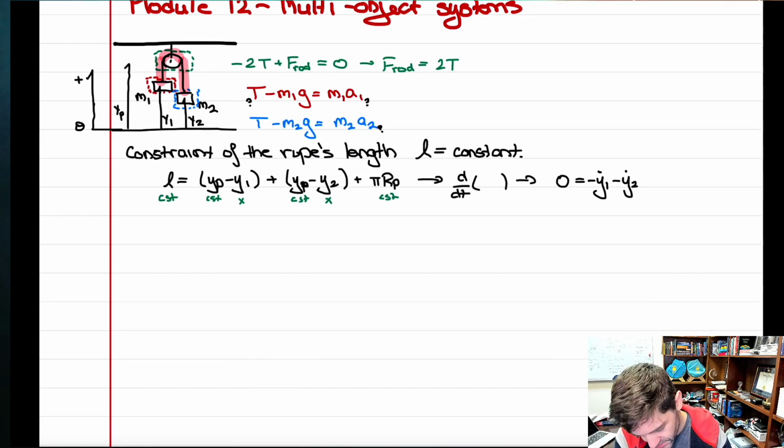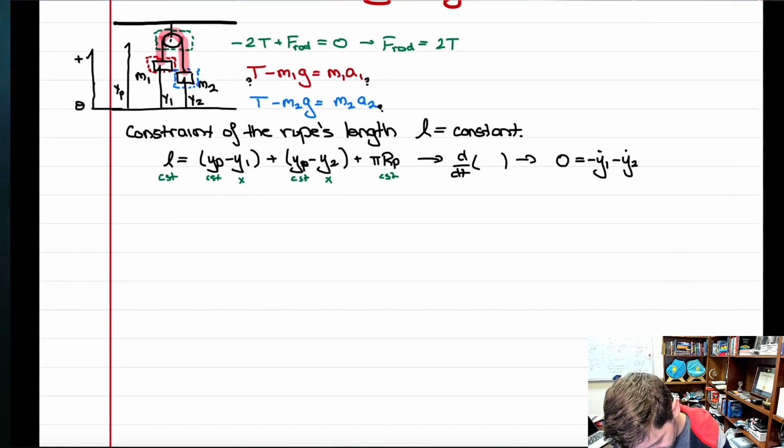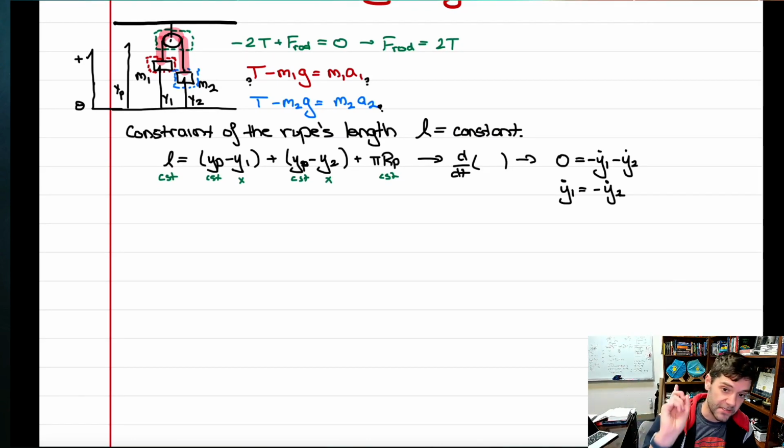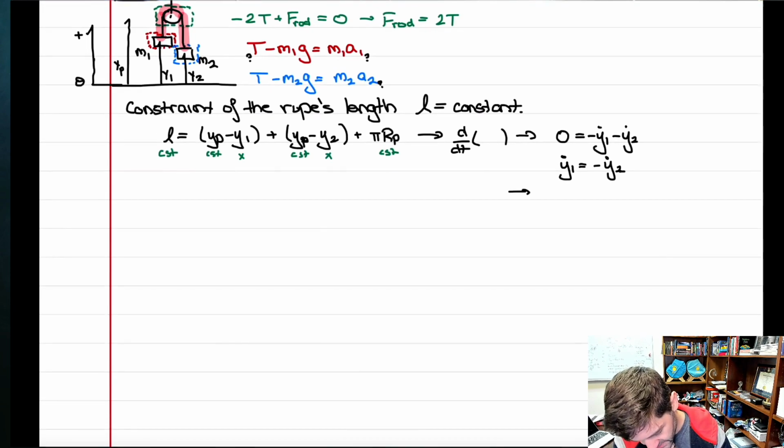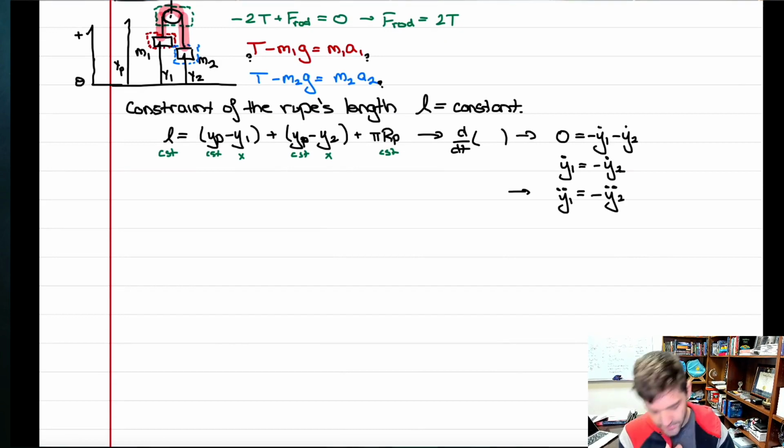So there is a relationship between, in this case, y1 dot equals negative y2 dot. Tell me the velocity of one box, the other box is opposite in direction, but equal in magnitude in this case. And so similarly, y1 double dot, just take the derivative again, is negative y2 double dot.